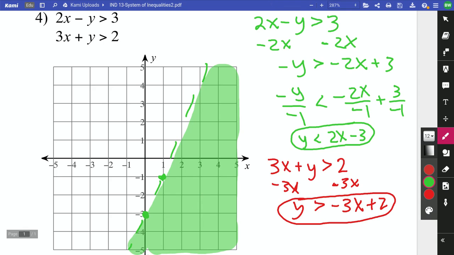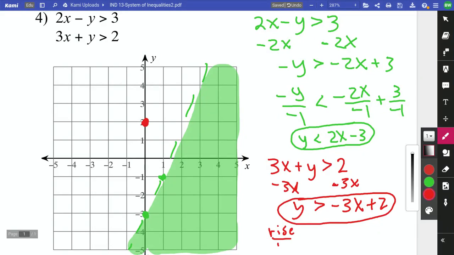Okay, so now let's do our other one. We got to graph it, and that's the one in red or reddish brown. And the intercept is +2. So that's right here. The slope is -3. So I'll write that down this time.